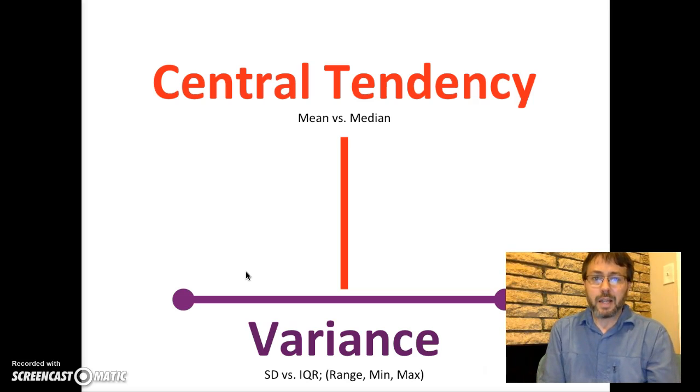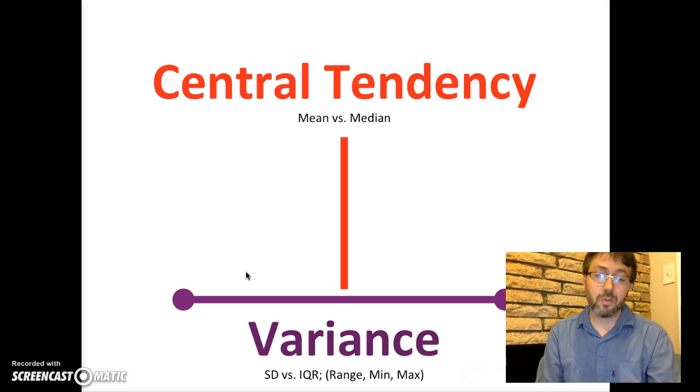First idea of central tendency: we've talked about the mean and the median as two measures of central tendency, looking for the center point of all of the values for a particular variable. And variance now builds on the concept of central tendency, and it shows you how much the data vary around that central measurement.